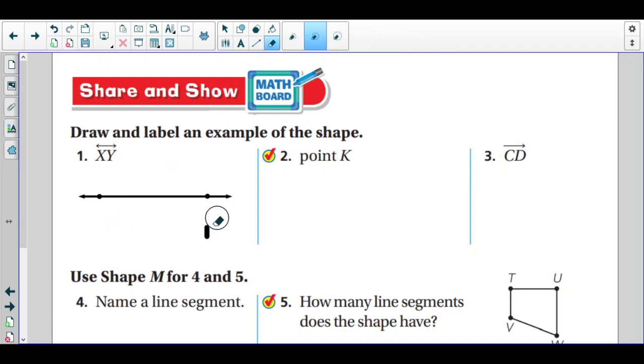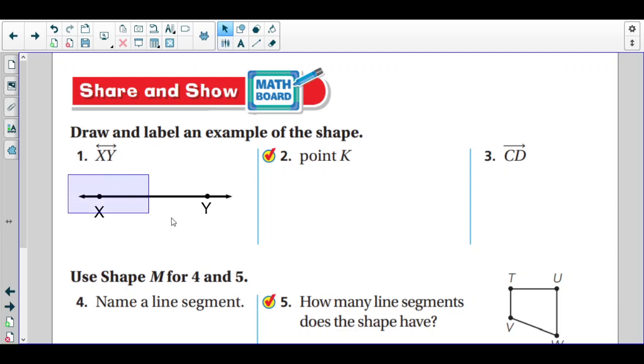Here we go. Let's see if we can clean that up just a tad. X, Y. Now, what's another way that we could have drawn this shape?